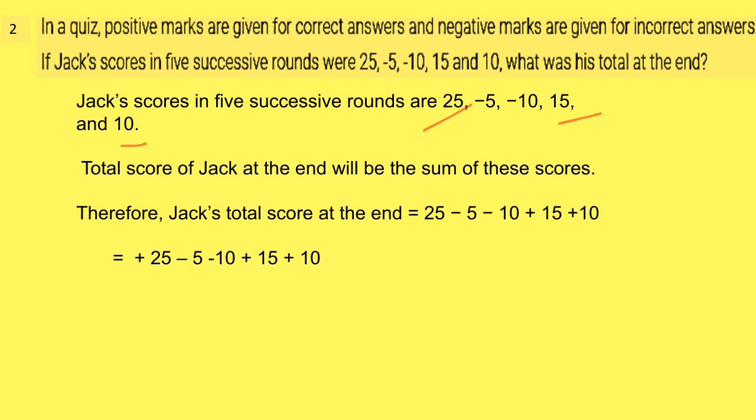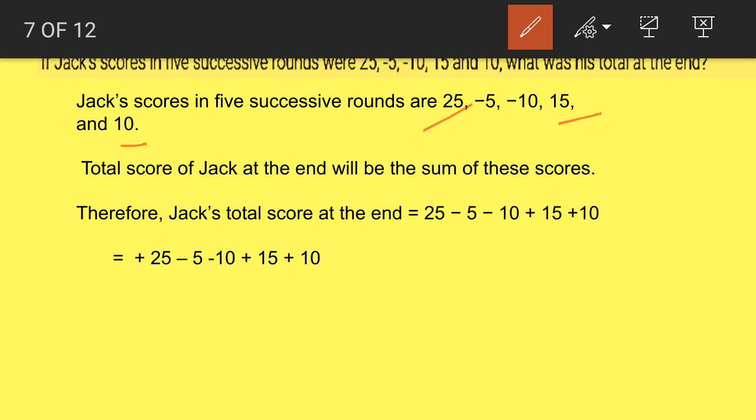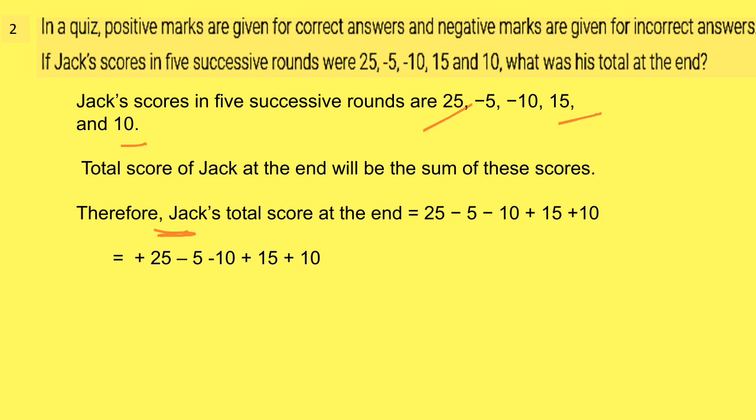For solving this type of question, first I will add the first 2 integers like this. So I'll take plus 25 and minus 5. The different sign means you have to subtract the smaller number from the bigger one. So the bigger one is 25, the smaller one is 5. So 25 minus 5 is 20, and the symbol of the bigger number is plus.